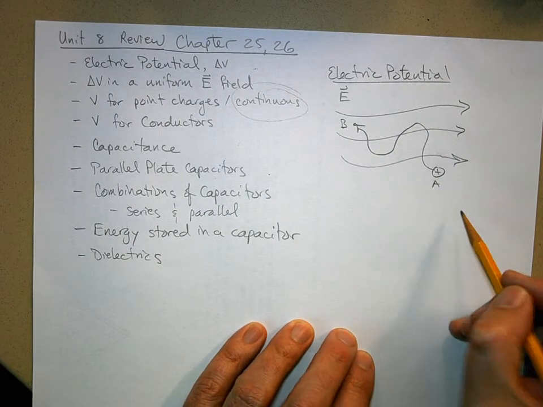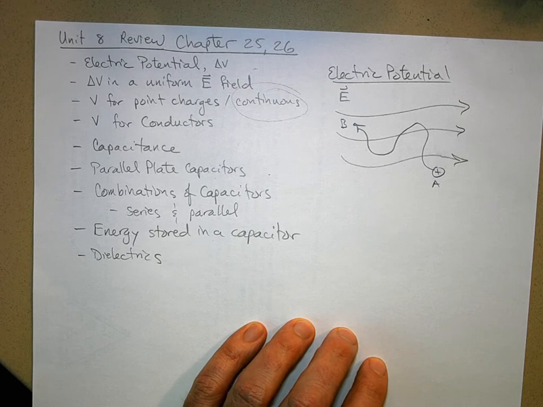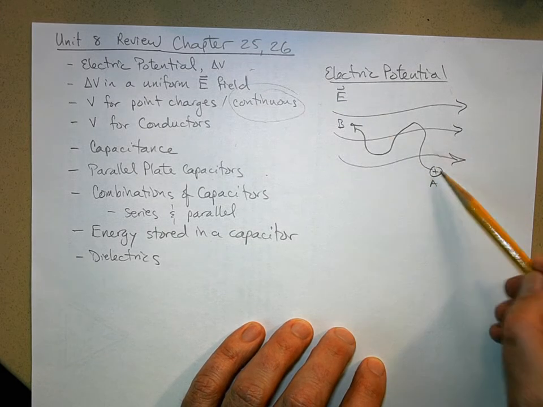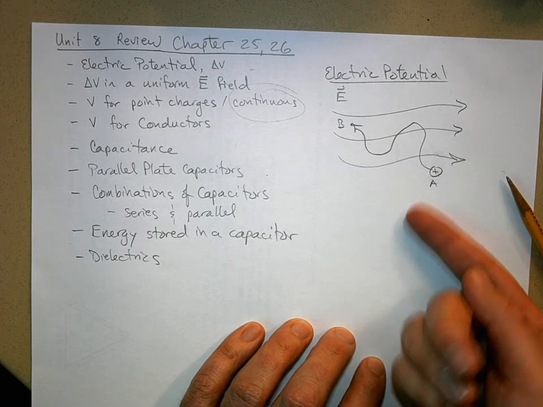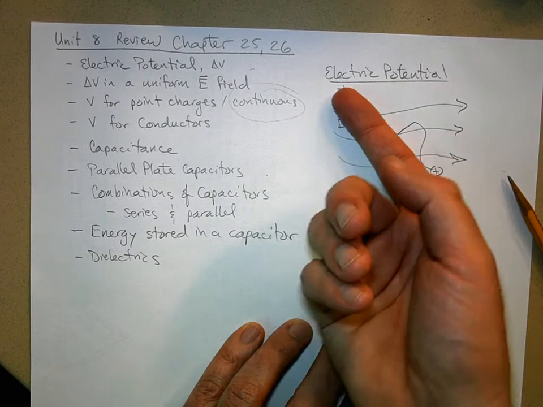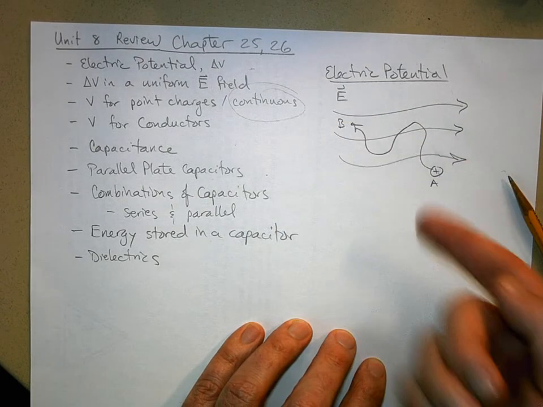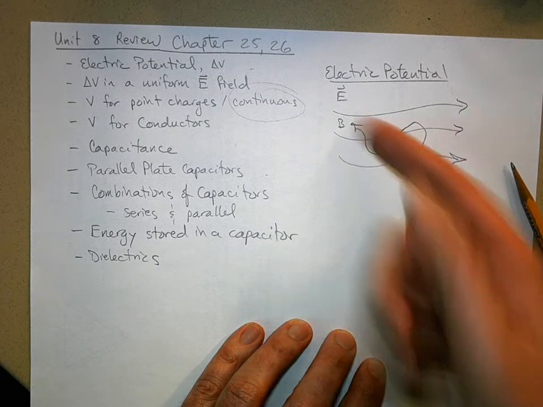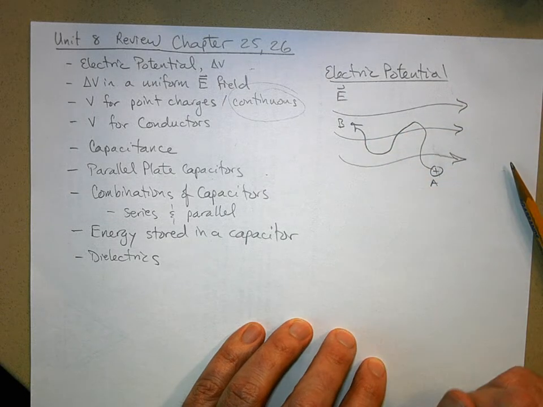Because what do electric fields do? They apply forces to charged particles. That's the definition of electric field. So this E field is applying a force to this guy. So if I'm going to move it against the field, I've got to put energy into this system. So I am increasing the voltage as I go from A to B.